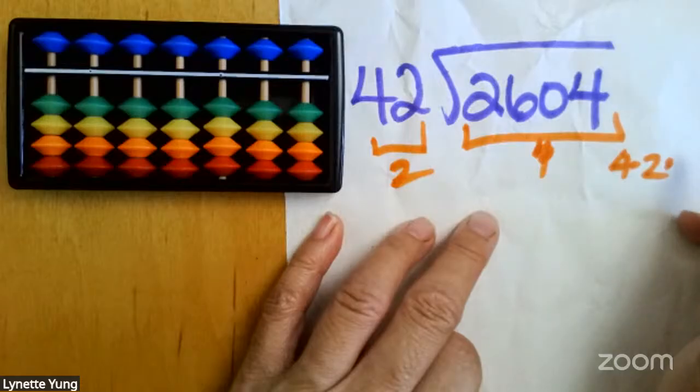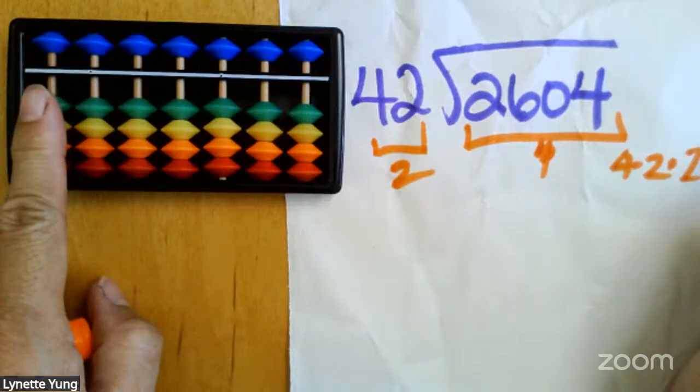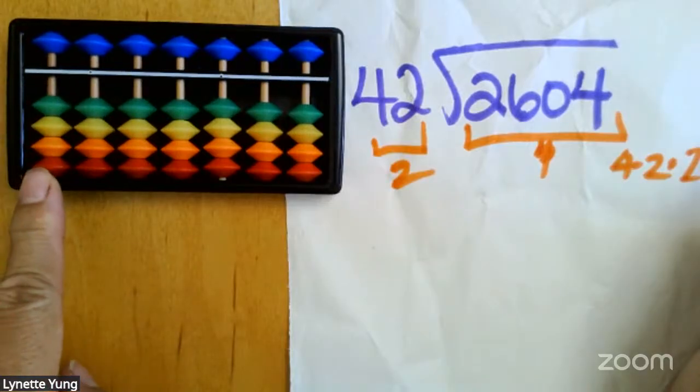You can put your 2604. We can name it 2. When we count it, this is 1, this is 2. So here's my 2.